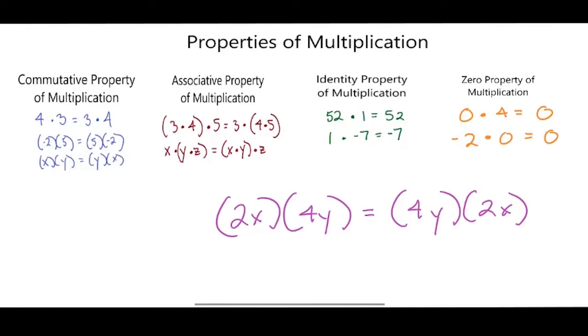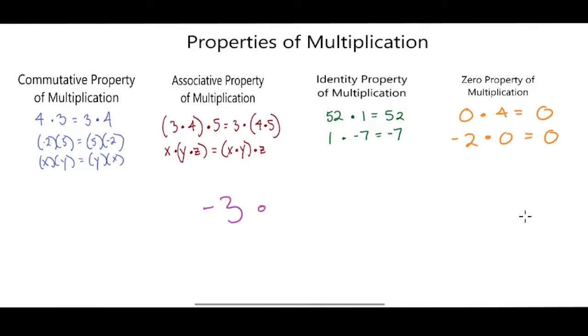Well, that would be the commutative property of multiplication because the order is switched. There are parentheses, but in the associative property, remember that everything stays in the same order. Notice here that the order has switched.